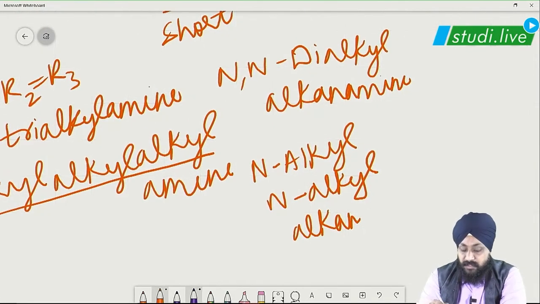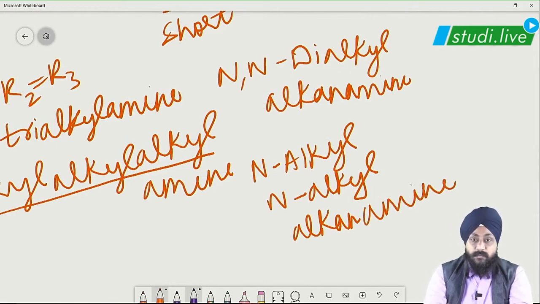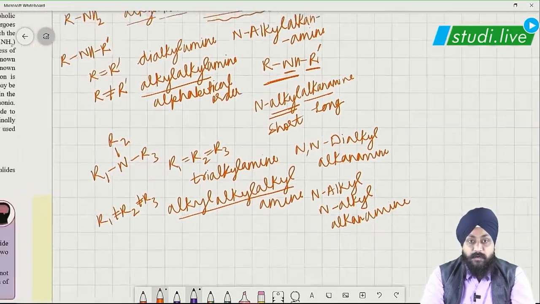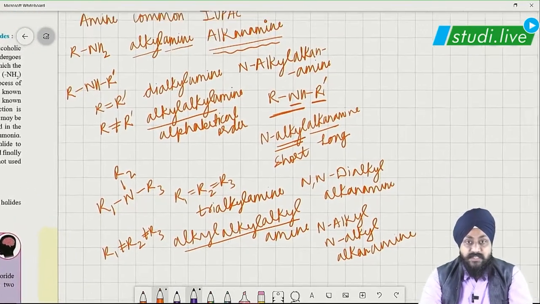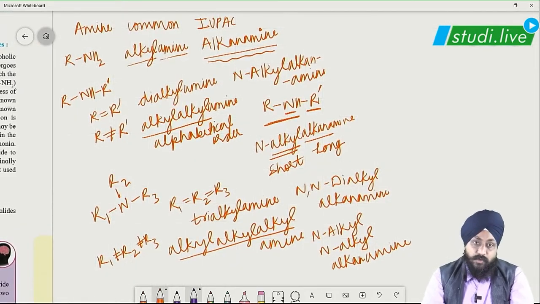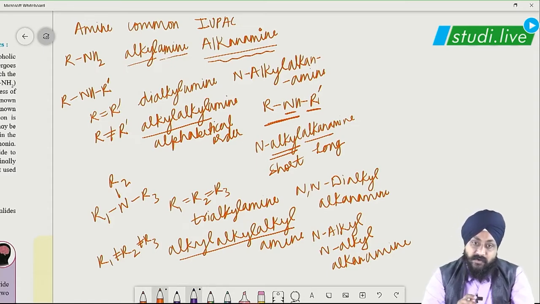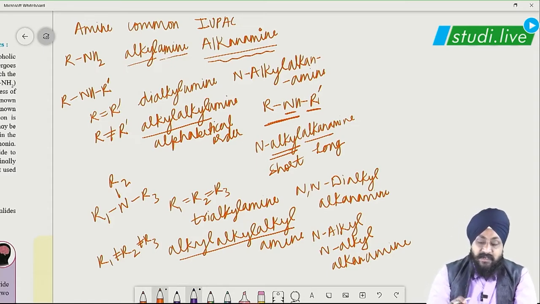It goes in this particular way. So here we have talked about their nomenclature: alkylamine, alkanamine, dialkylamine, N-alkyl alkanamine, and then trialkylamine, N,N-dialkyl alkanamine.